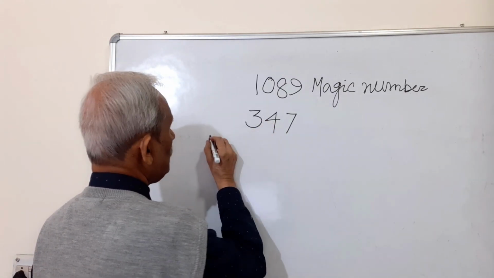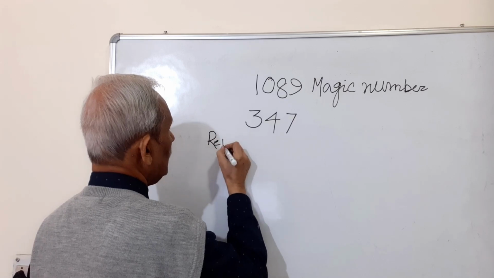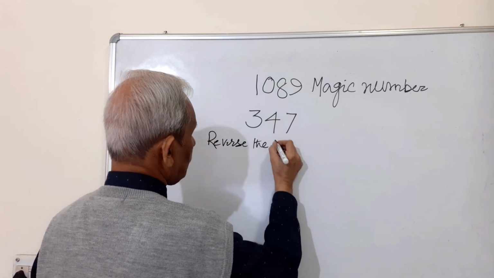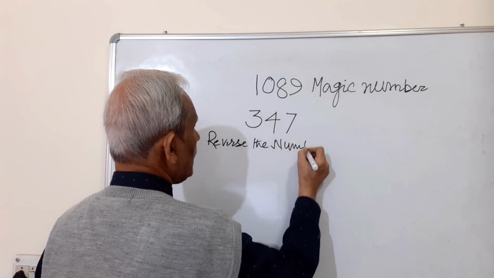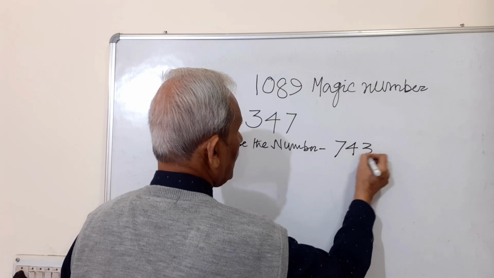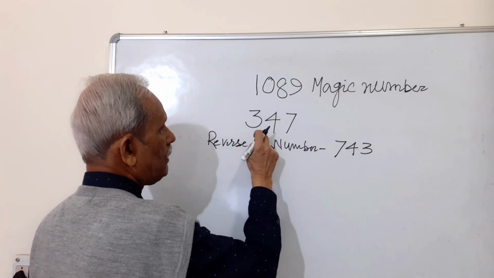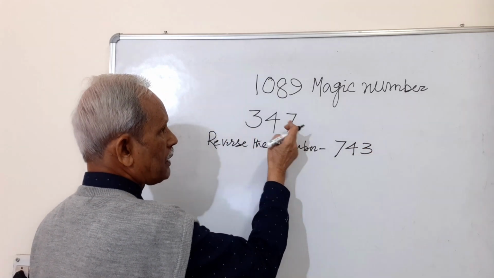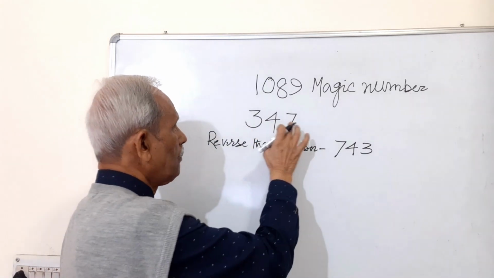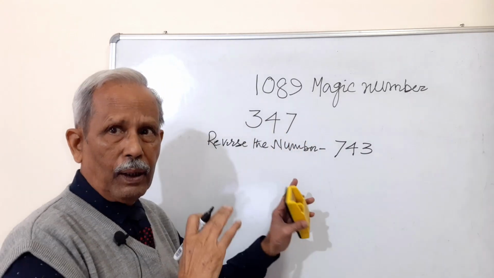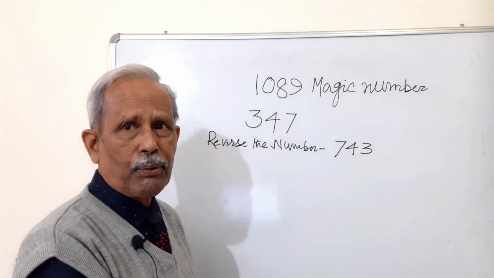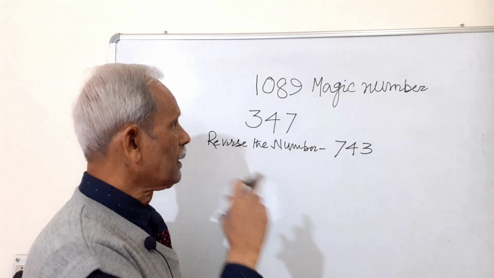Now the first step is to reverse the number. When you reverse the number, what do you get? Number is 347, and when you reverse it, it becomes 743. Now you have to take the difference of these two numbers.